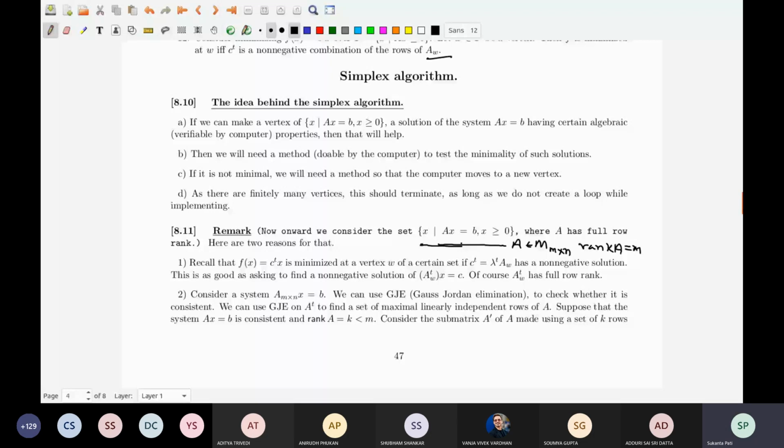An equation which is a linear combination of the other equations, you can immediately throw out. By throwing those extra unnecessary equations out, the physical set of points x will not change. So in view of that, you can always assume rank of A equal to m.